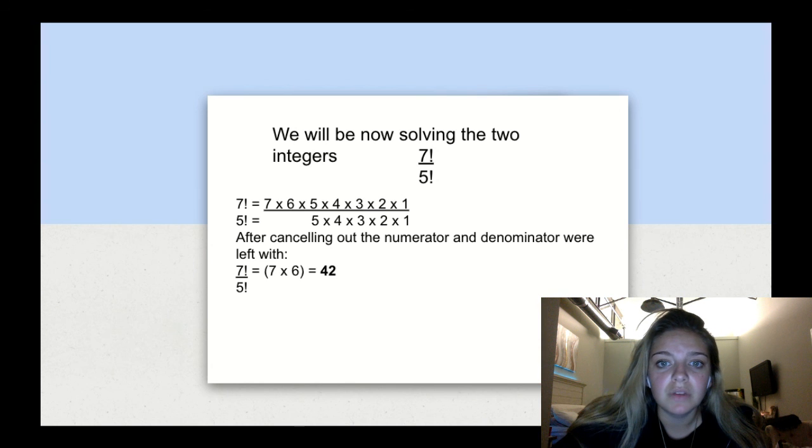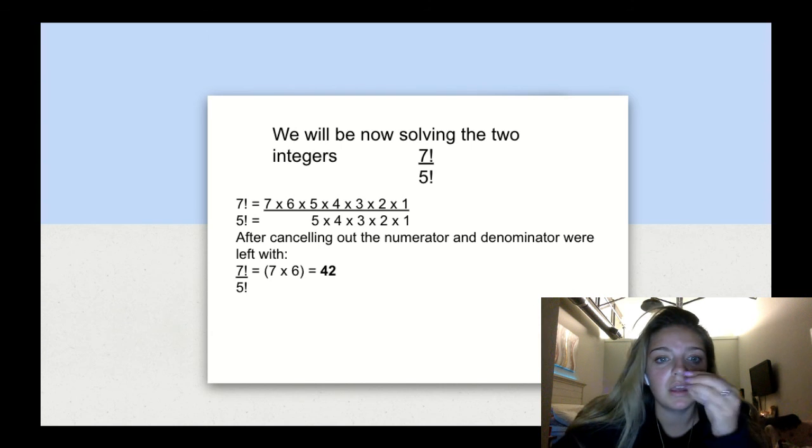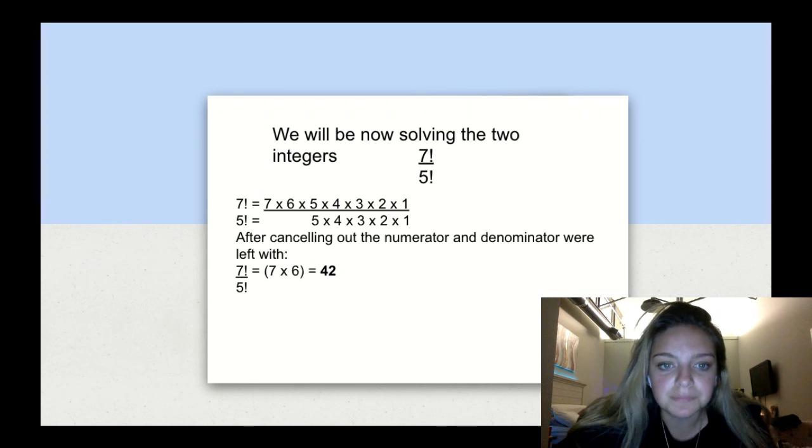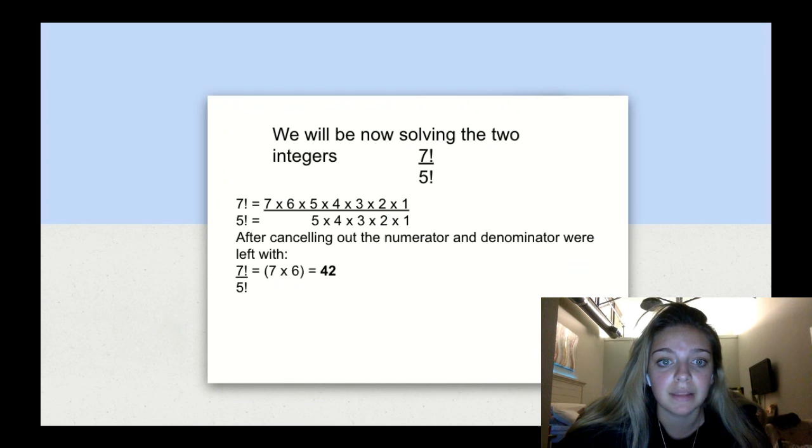So we'll be solving these 2 integers, 7 over 5, and like I previously stated, we are going to be counting up to the number 7, just like when we're finding an individual factorial. So we're counting up 1, 2, 3, 4, 5, 6, 7, and we're multiplying them. On the bottom, we have the fifth factorial where we are counting 1, 2, 3, 4, 5.